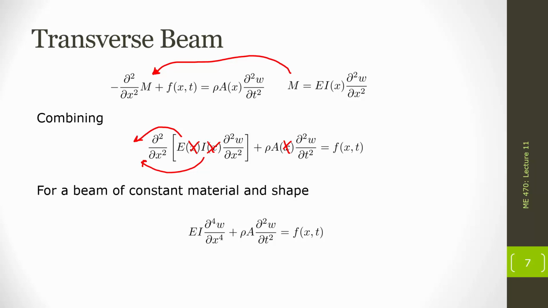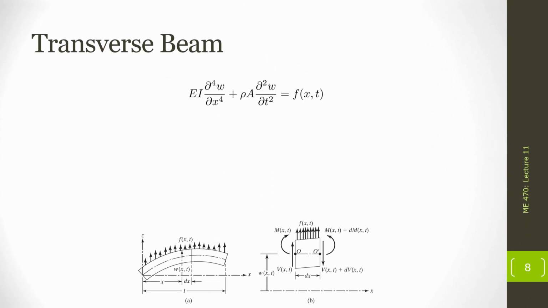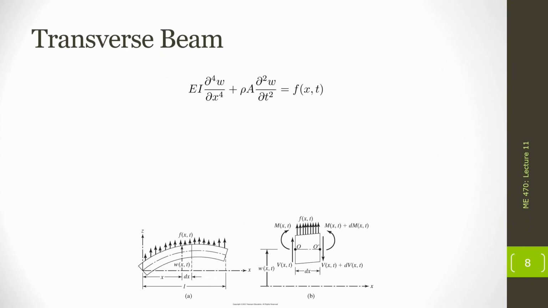So now my equation has a fourth spatial derivative, and it has a second time derivative of the variable I'm ultimately looking for, W. One more simplification that will make this a more solvable system analytically is that we're going to limit our scope to free vibrations, meaning we are not going to have a distributed load after time begins.